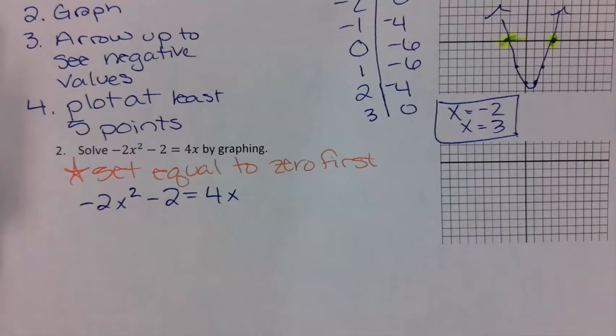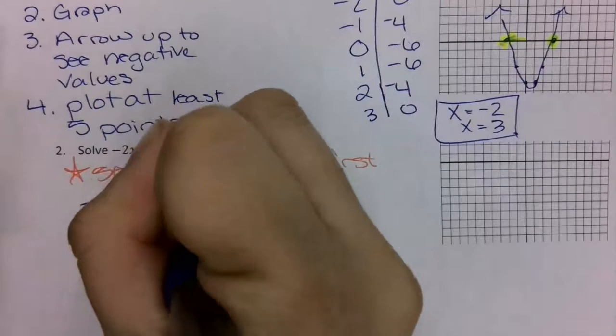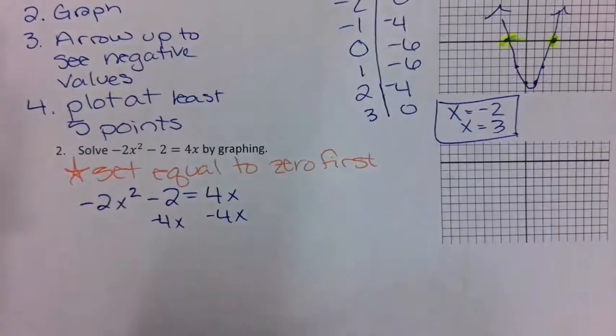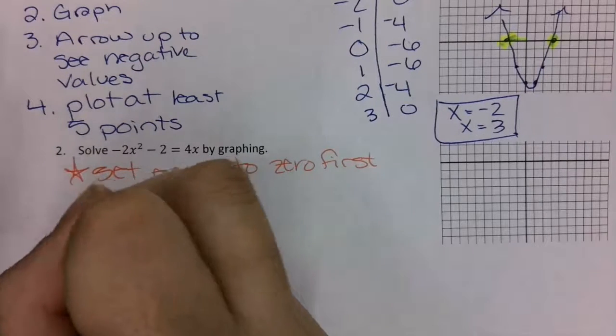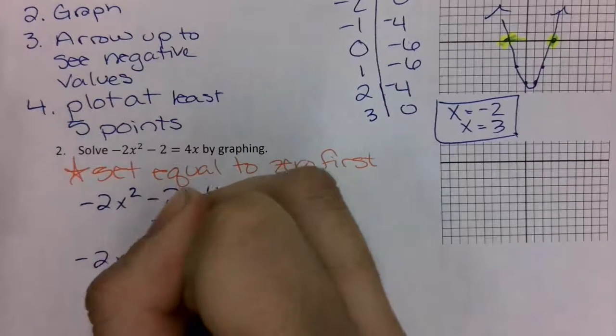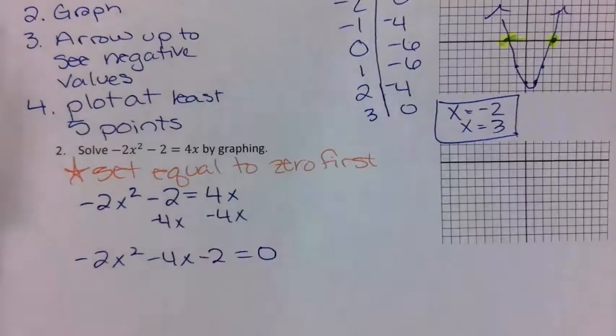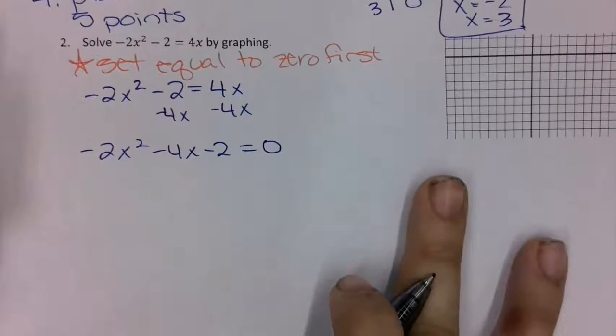You guys are thinking way too hard. I just want to subtract the 4x from both sides. So then I can't combine any like terms on the left side. So then I have -2x squared minus 4x minus 2 equals 0. Because on the right side they cancel out.